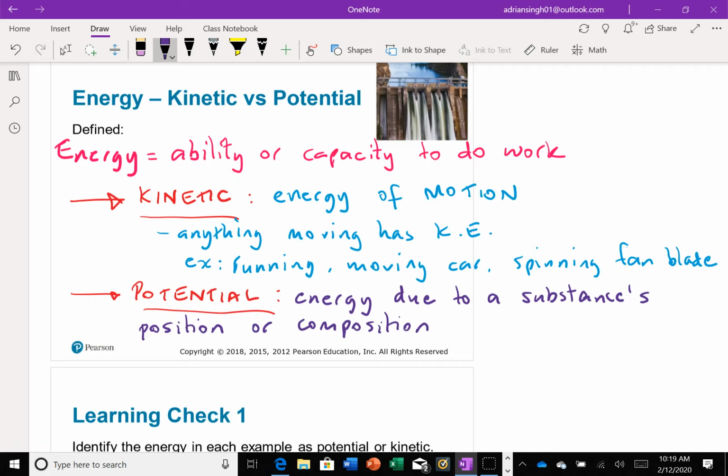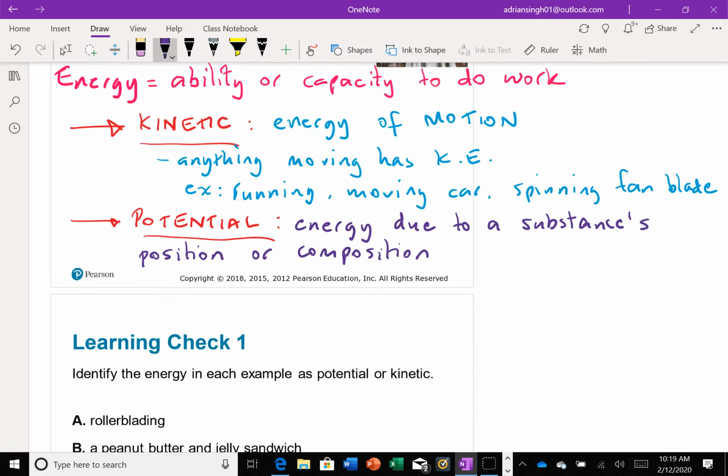Where is it, or what is it made up of? So what would be an example of potential energy? Something has the potential to generate energy, in other words.